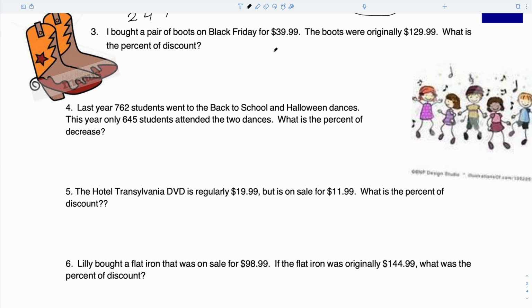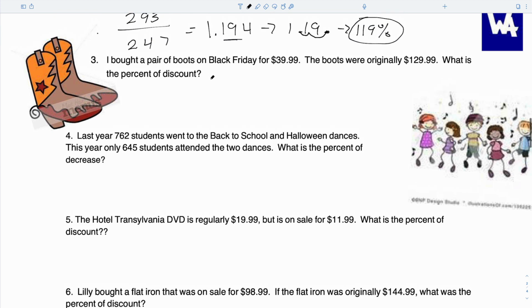Number 3. You were on 3, yeah. That's your new price. It was originally $129. Set this up for me, Blake. What's on top, what's on bottom?